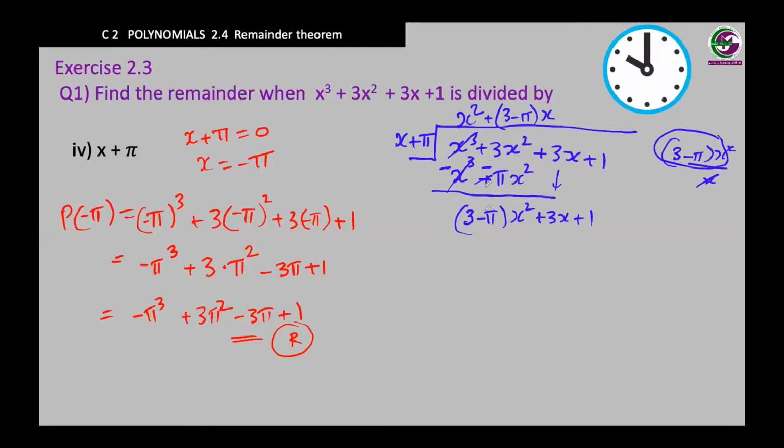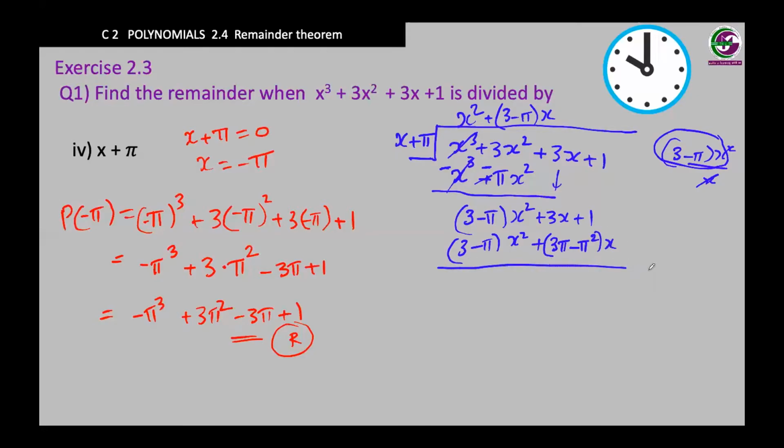Now when you multiply these two, you will get the answer 3 minus pi x squared plus pi multiply 3, which is 3 pi. Pi multiply pi with a minus sign, so minus pi square with x.